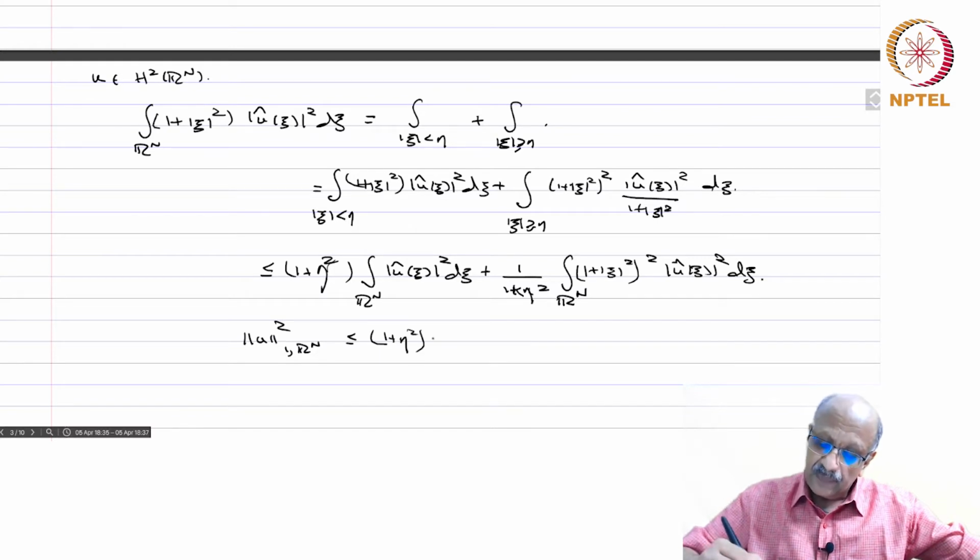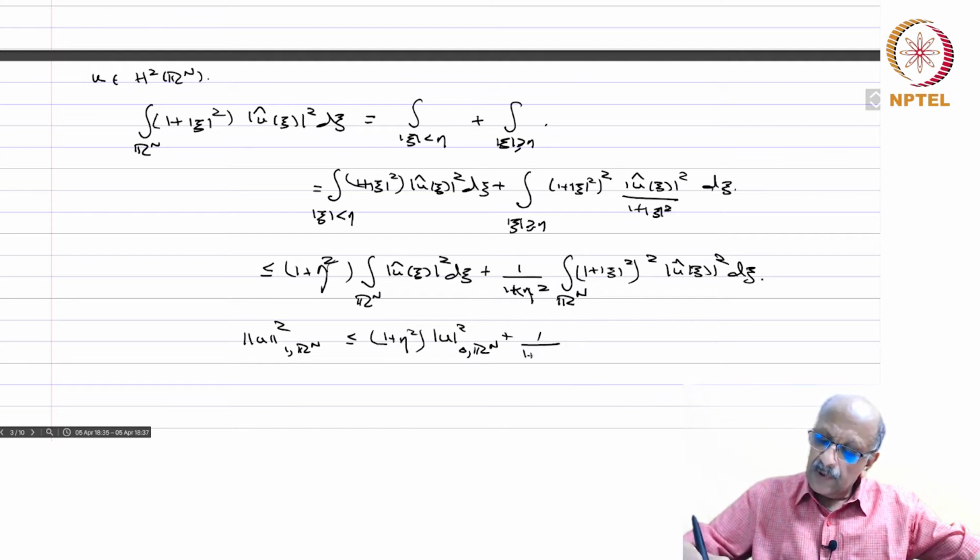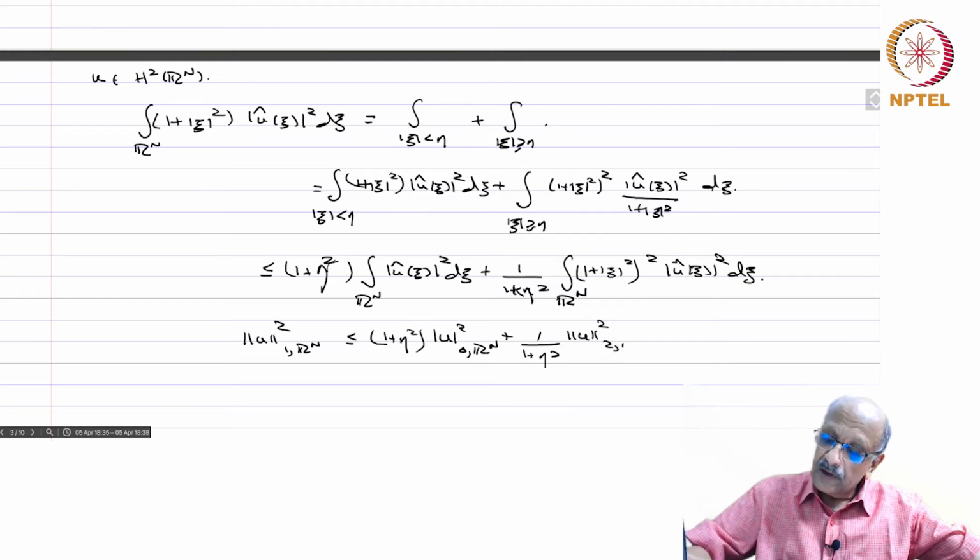square mod u square 0 Rn plus 1 by 1 plus eta square, integral, I am sorry, norm u square 2 Rn.